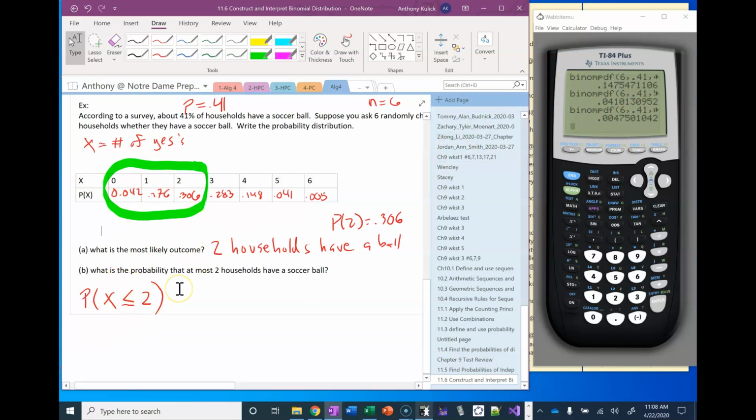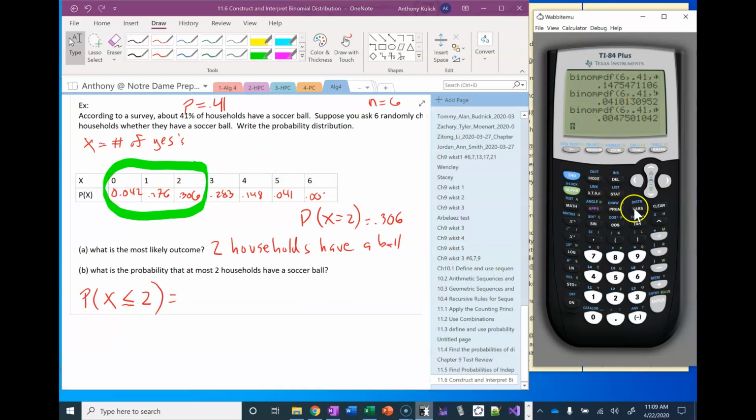So here we did the probability of x equals exactly 2. If we want less than or equal to 2, we can do this on our calculator in one set of button strokes. We don't need to add these all together.